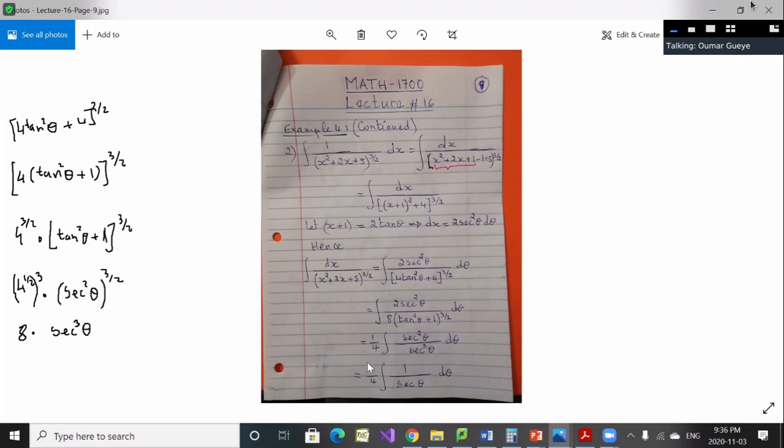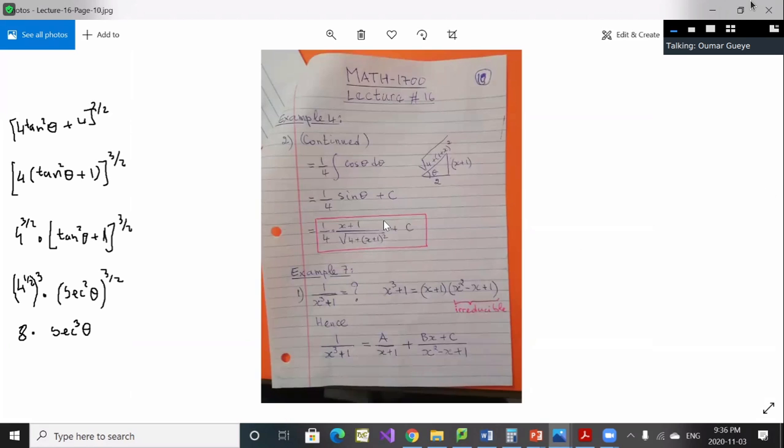It's going to be 1 over 4 integral of cosine, because 1 over secant is equal to cosine. So we get cosine of theta d theta, and the integral of cosine is equal to sine theta plus the constant c.